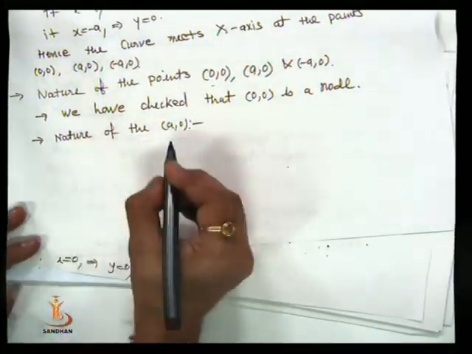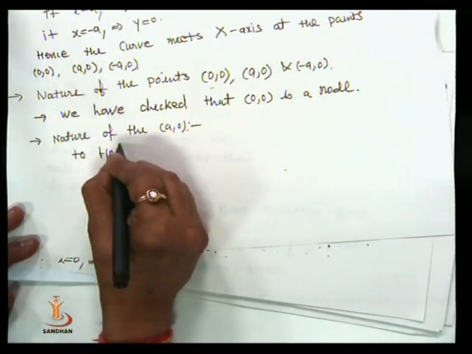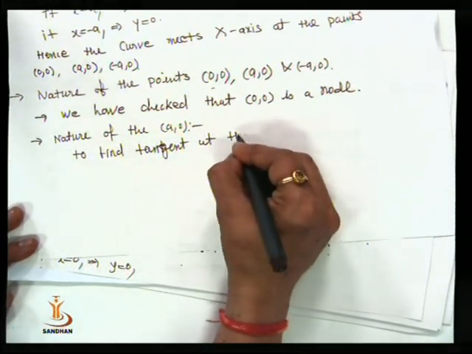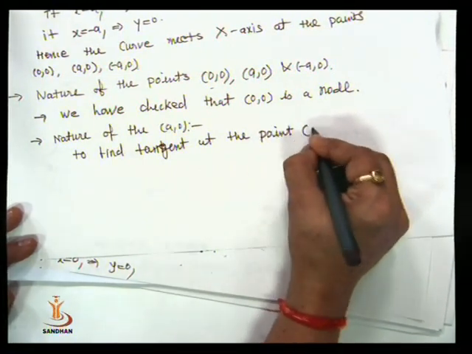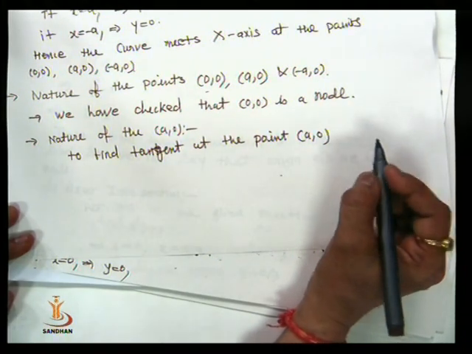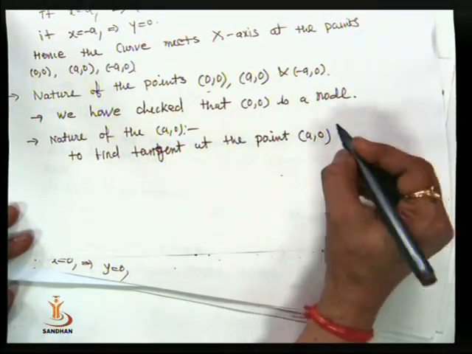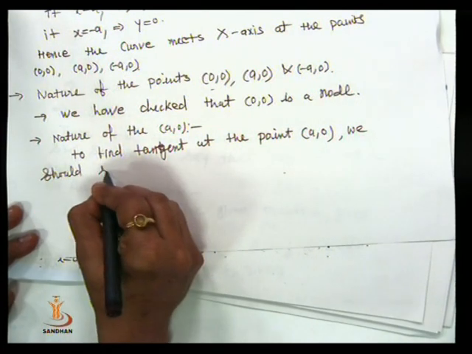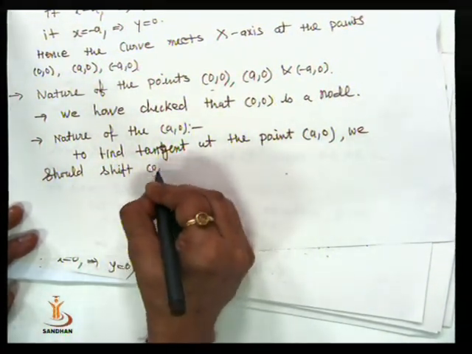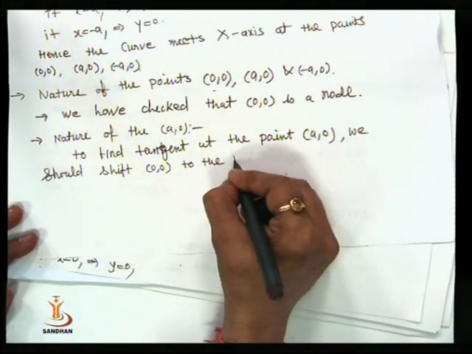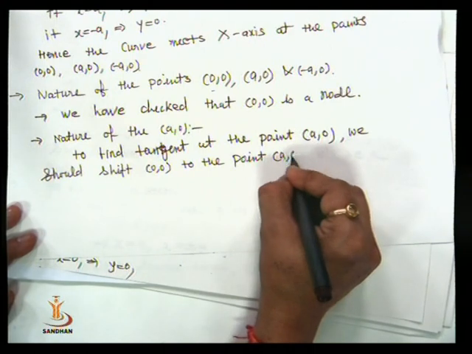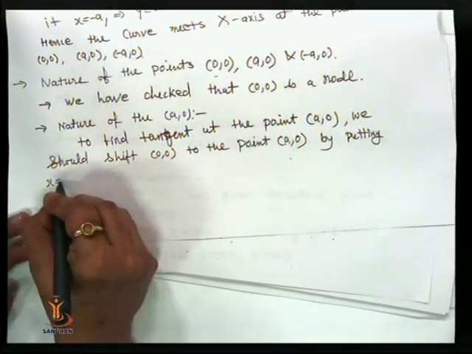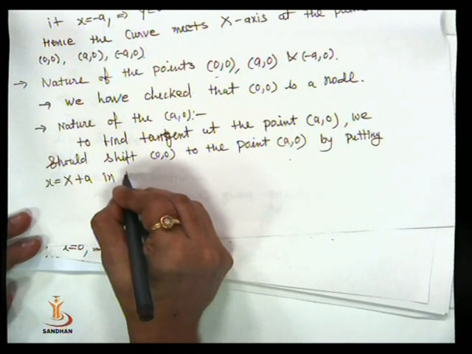So to find the tangent at the point a 0, which is not origin, we should shift origin to the point a 0 by putting x equal to capital X plus a in the equation of the curve.